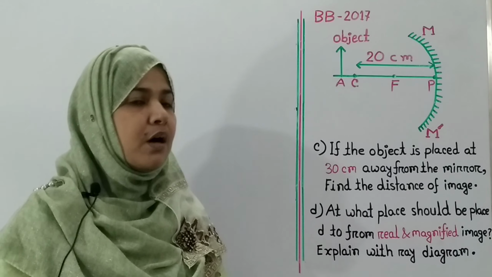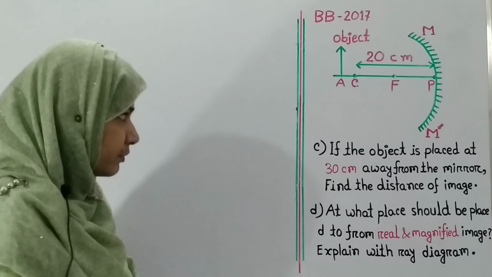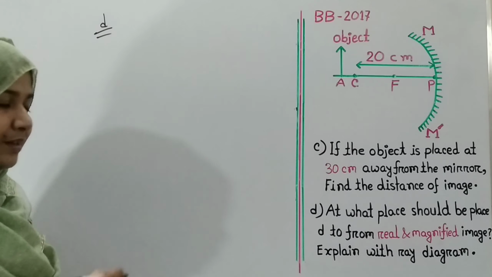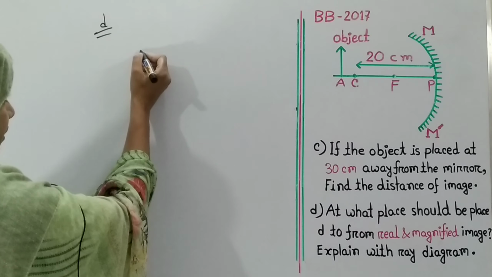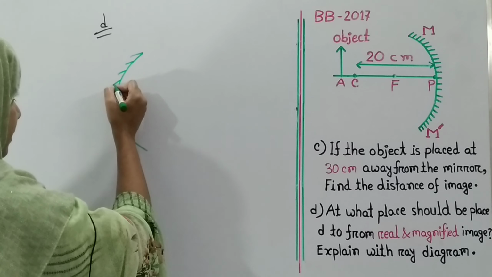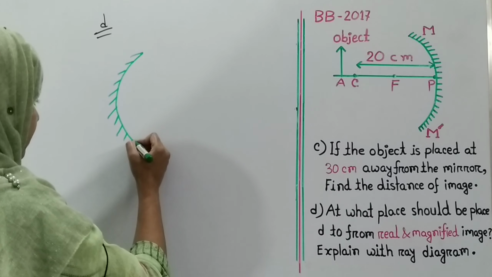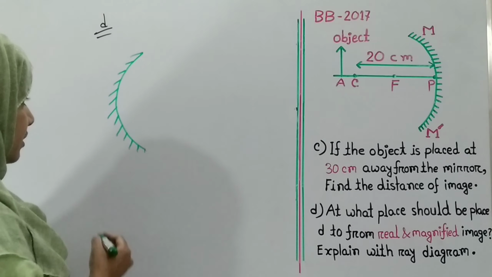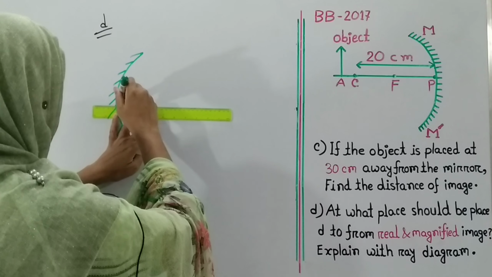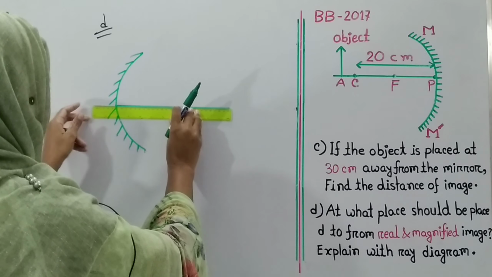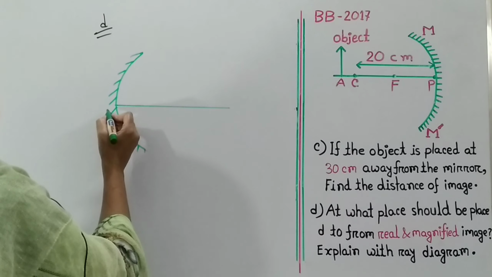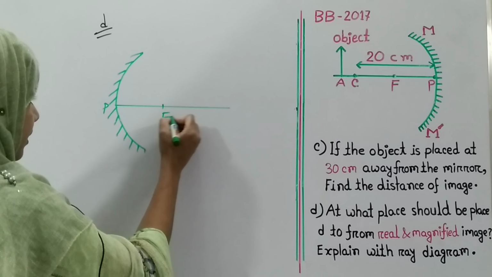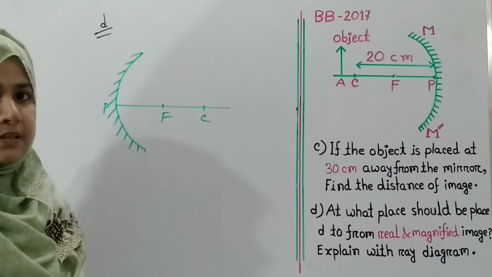So let's start to draw the diagram. The answer of question D. Here is a concave mirror and this is the principal axis.